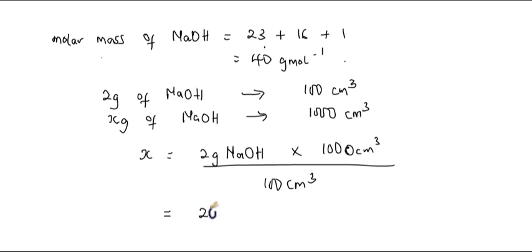So we have x to be 20 grams, which implies that the mass concentration of sodium hydroxide equals 20 grams per dm³.